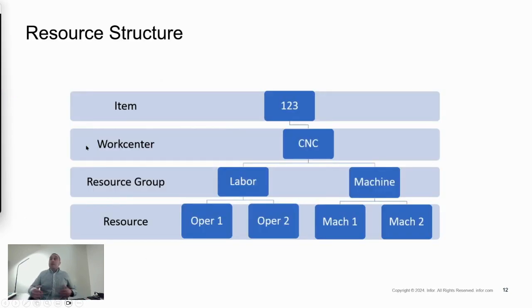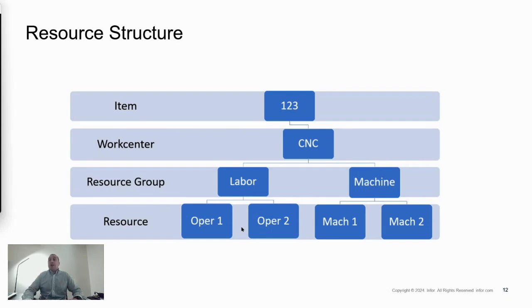And as we saw with the resource structure, we have the item. So at the end all be all, your finished good or your subassembly item, and then tying that together to the work center where the costing is happening. And then as we broke out the resource group from the resources, so your resource group can be comprised of the different labor, machine, or tool, and then how many of those individual resources roll up to that resource group. Right?